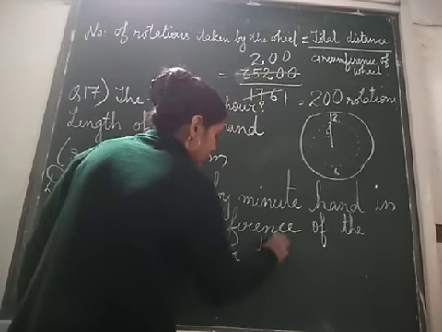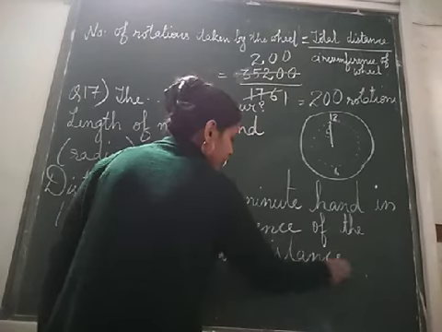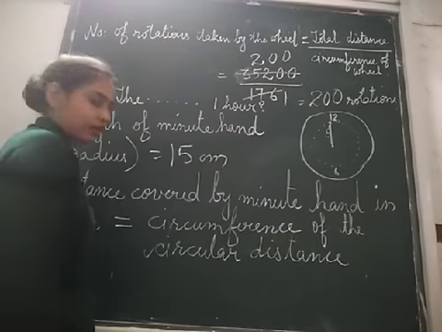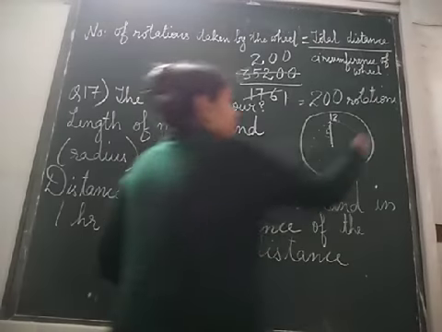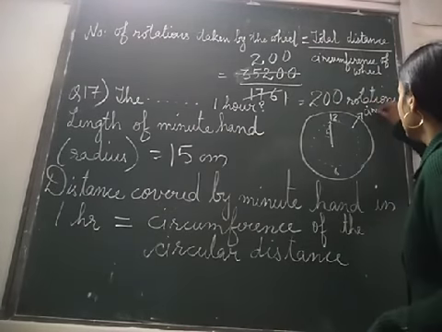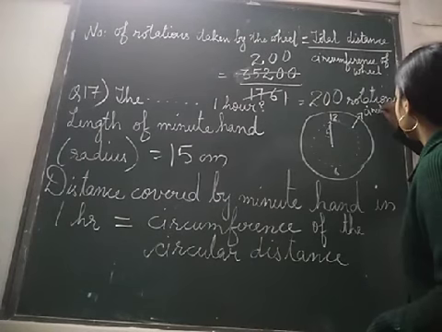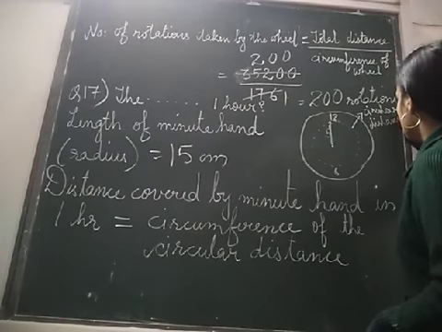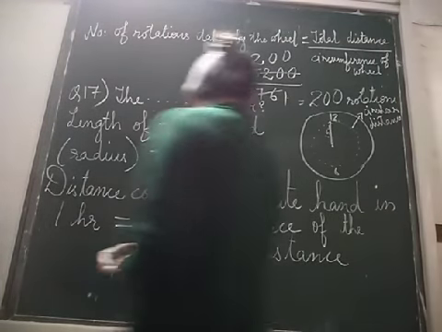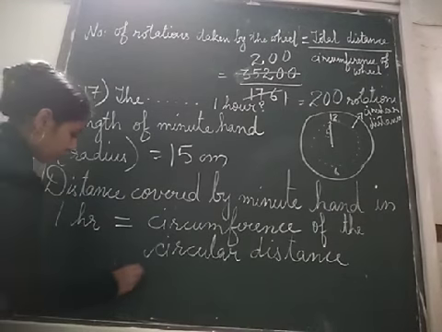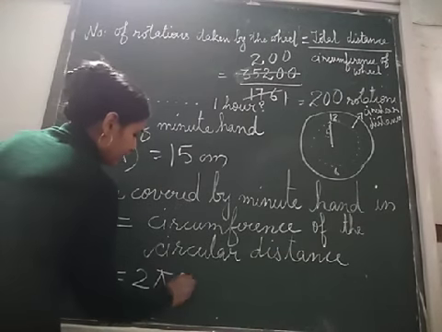Why am I writing circular distance? Okay, that is right. So if you want, you can even label it here that this is the circular distance.